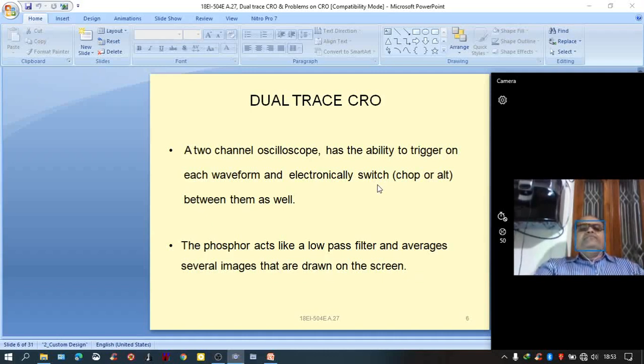Within a split second, one signal appears and the next signal appears in the next instant. So when both the signals are made to appear on the screen at a faster rate, the phosphor material acts as a low-pass filter. That means the high frequency appearing on the screen will be averaged out and we can see only the average value of the image on the screen.